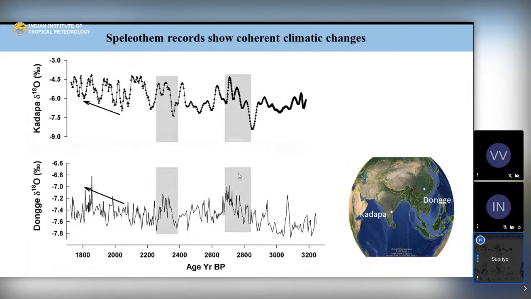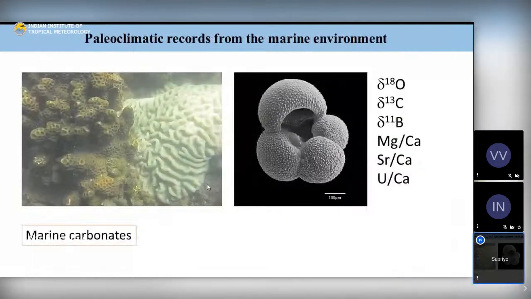For example, these high values shown here as shaded match quite well in both cases, and during this time, about 2000 to 1880, both the records show an increasing trend, representing coherent behavior of the isotopic values of speleothems over a wide range, separated by more than 3000 kilometers.